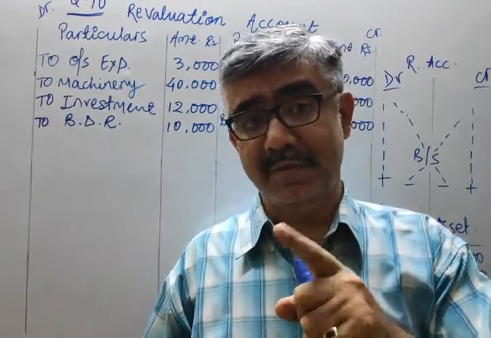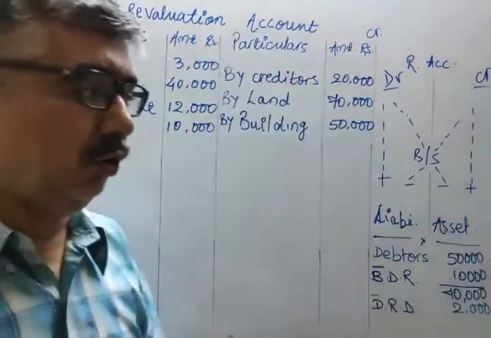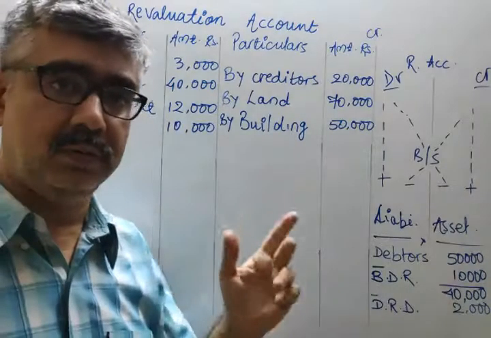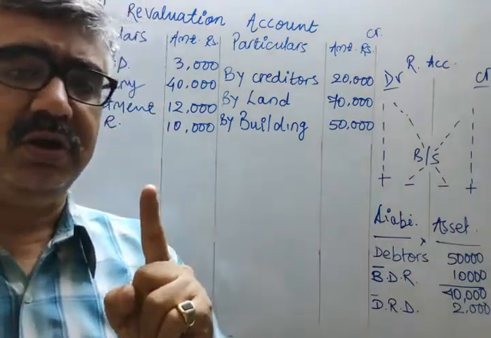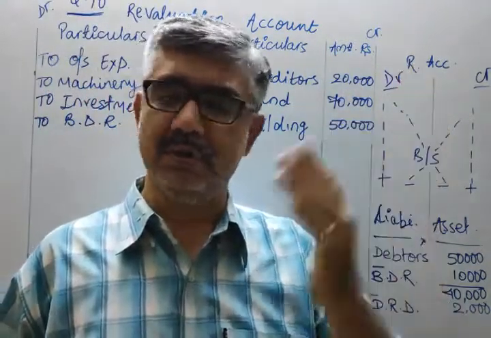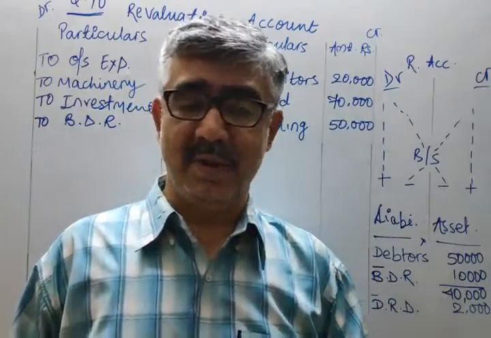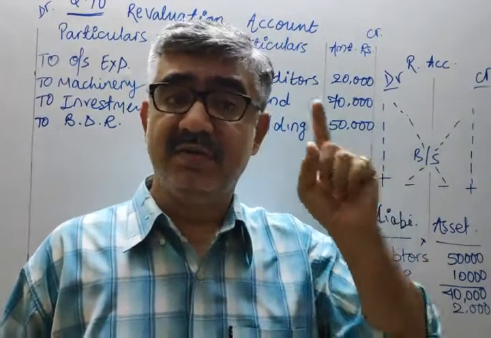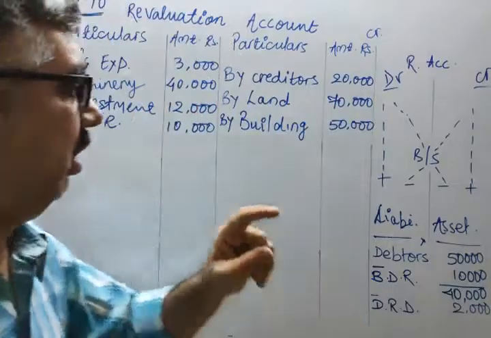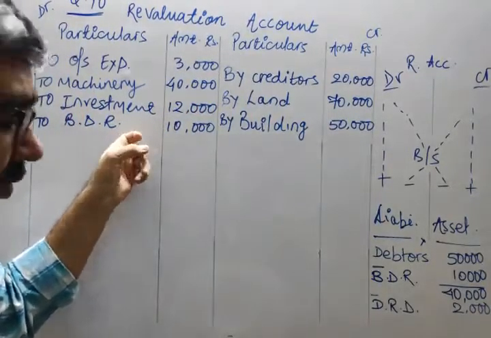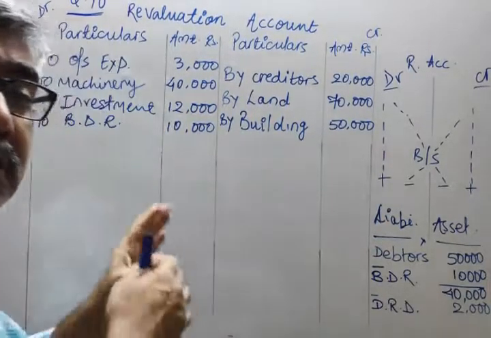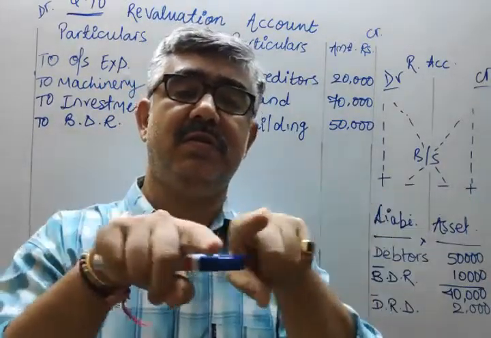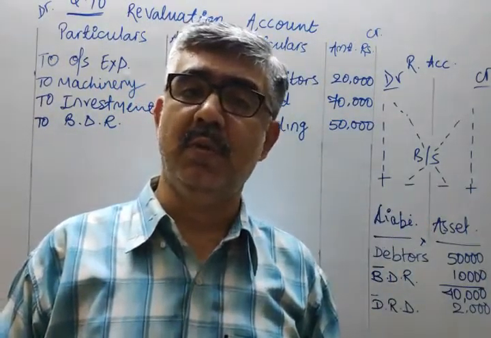I will explain the same when we are going to do a question with revaluation account and balance sheet, both. In the same question, we are going to draw both and solve. At that time I will explain that if you are committing this kind of error, though there is an error in revaluation account, in profit and loss, in balance sheet, still your balance sheet amount will be equal.